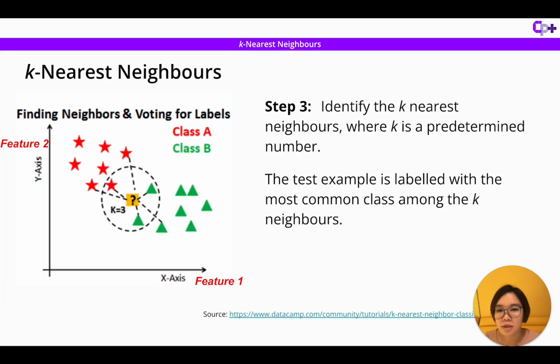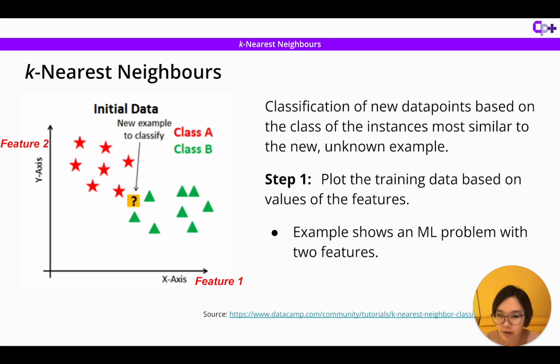So those are the 3 steps. Number 1, I plot all the training data based on the value of the features. Then of course I may want to do a different coloring for the class A and class B. This one also is able to scale up to more than 2 classes as well. You just have to label them differently or color them differently.